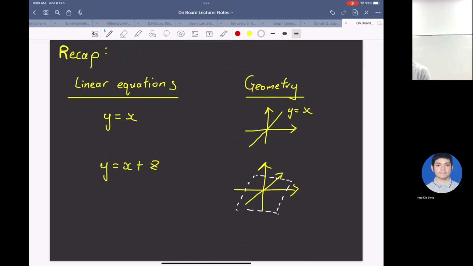In general, in higher dimensions, you will trace out what we call a hypersurface.